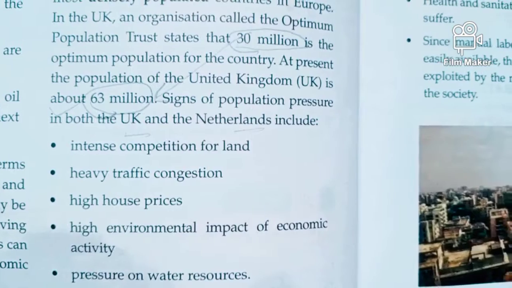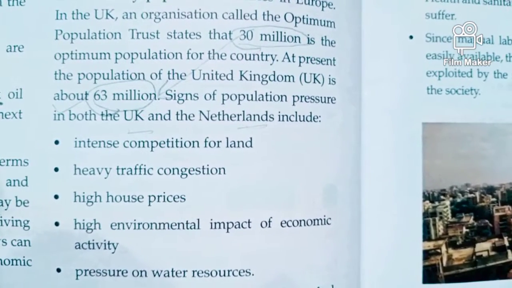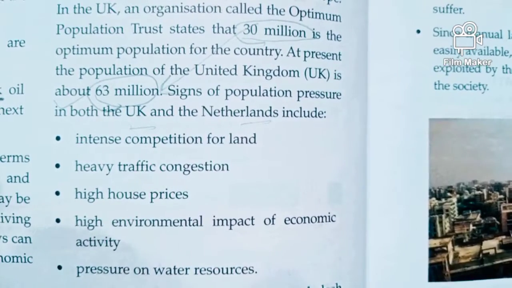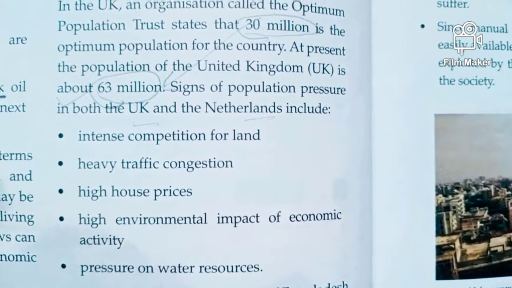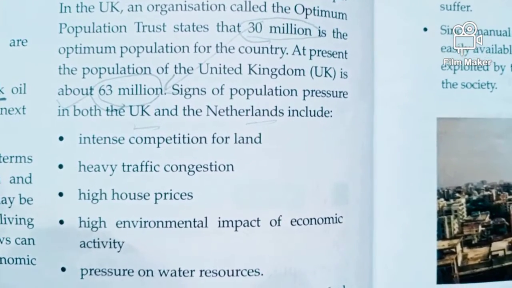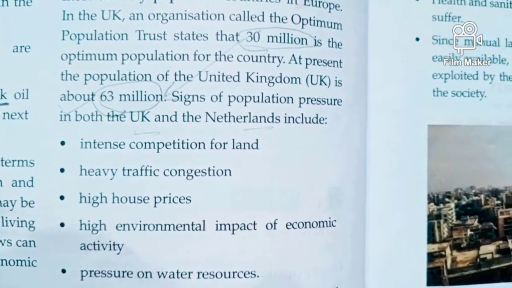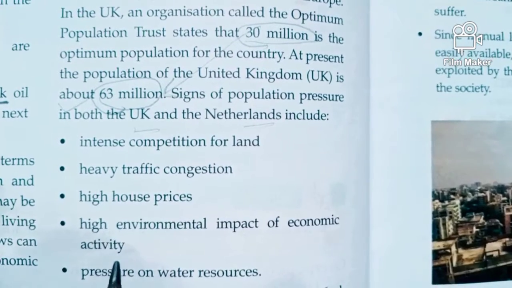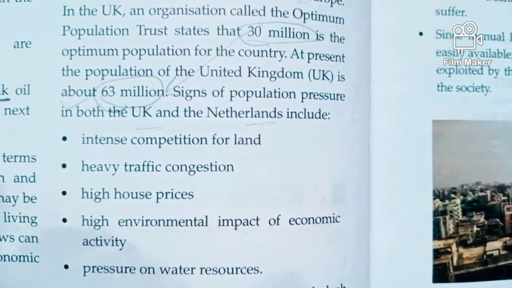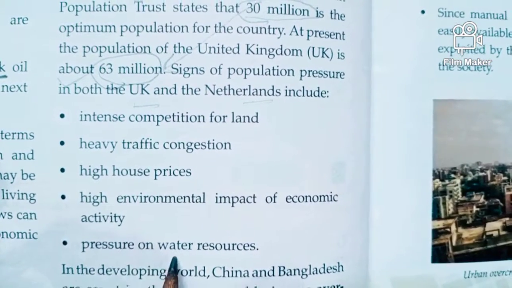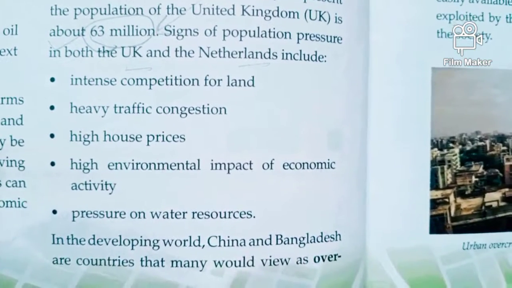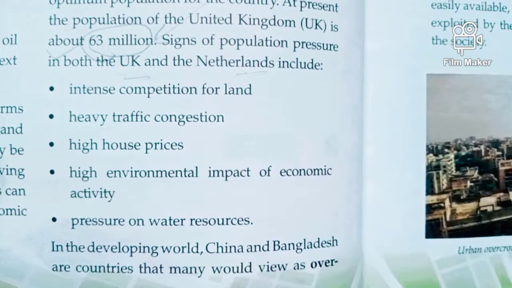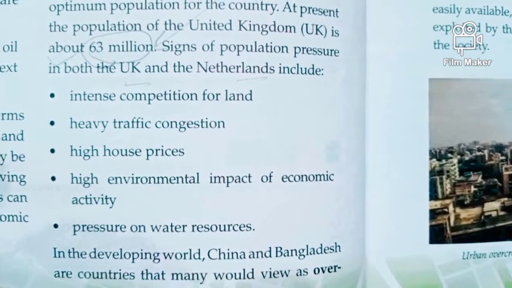There are very high prices of houses. And most probably the high environmental impact of economic activity. Whatever economic activity we do, for example, industry setup, new business or new project launch, there is very high pressure on the environment, and most importantly pressure on water resources. That's one example of how overpopulation can concern people.